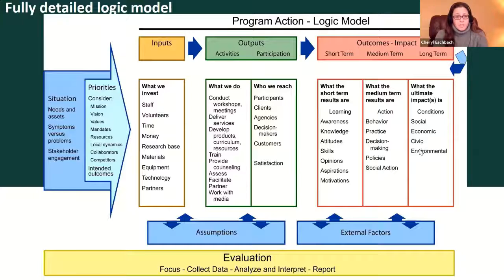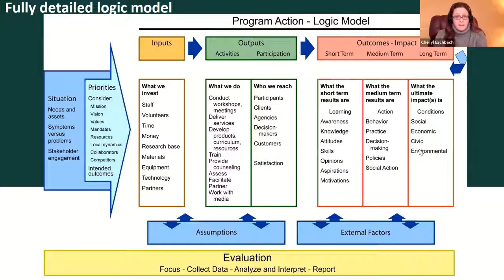It could be the mission or vision, the values, a variety of things can actually influence what we put in our logic model. Same thing at the bottom of the logic model, you'll see assumptions and external factors. Those are also filtering in to our program logic. We make a lot of assumptions maybe about what extension can do, and we need to think about that sometimes.